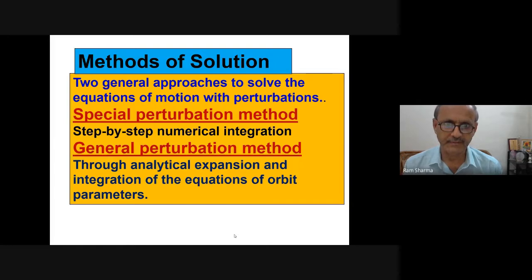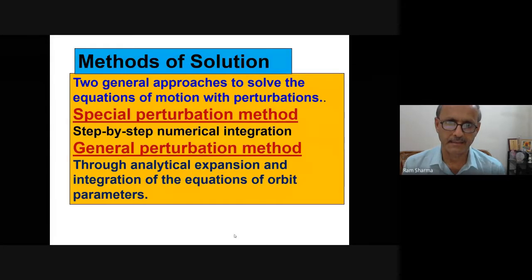And presently, since we have a lot of tools to do analytical calculations, this should be our target, the general perturbation method, because we can see what kind of work has been carried out earlier and whether we can improve upon it. Any improvement is an important contribution, because we will get a better solution, and a better solution can be utilized.